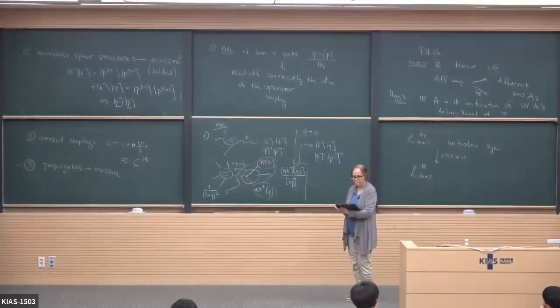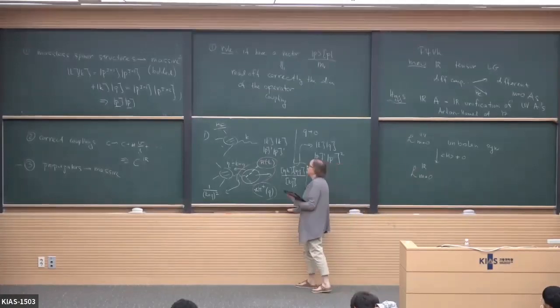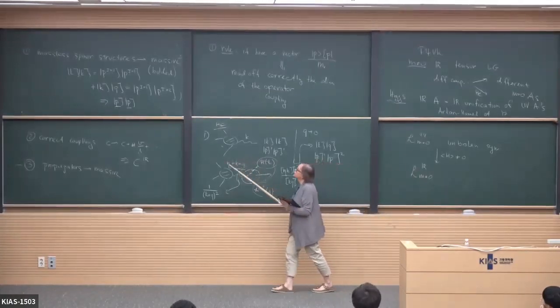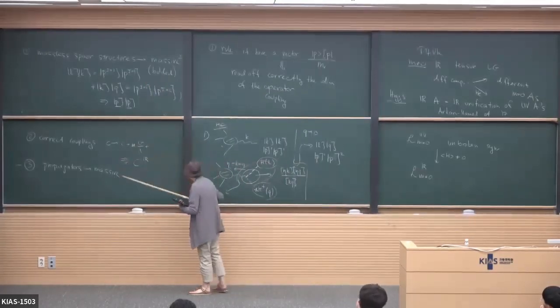Okay, so that's the first thing that we said is going to happen, namely that the massless spinor structures are becoming massive.